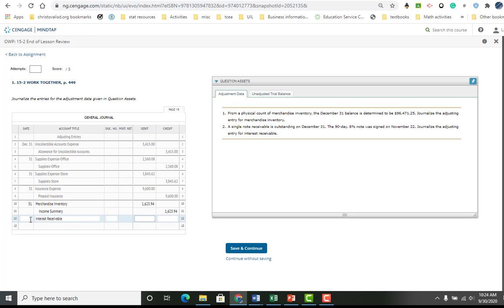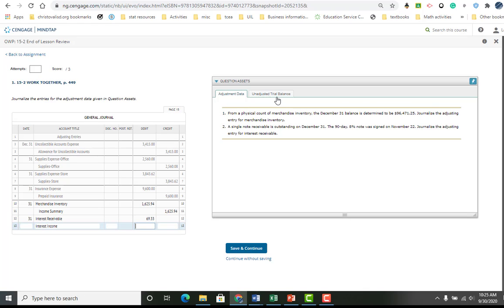And this was done again on the 31st. And we received $69.33. And then this is going to be for the interest income. When we look at our account types, that's going to be a revenue account.